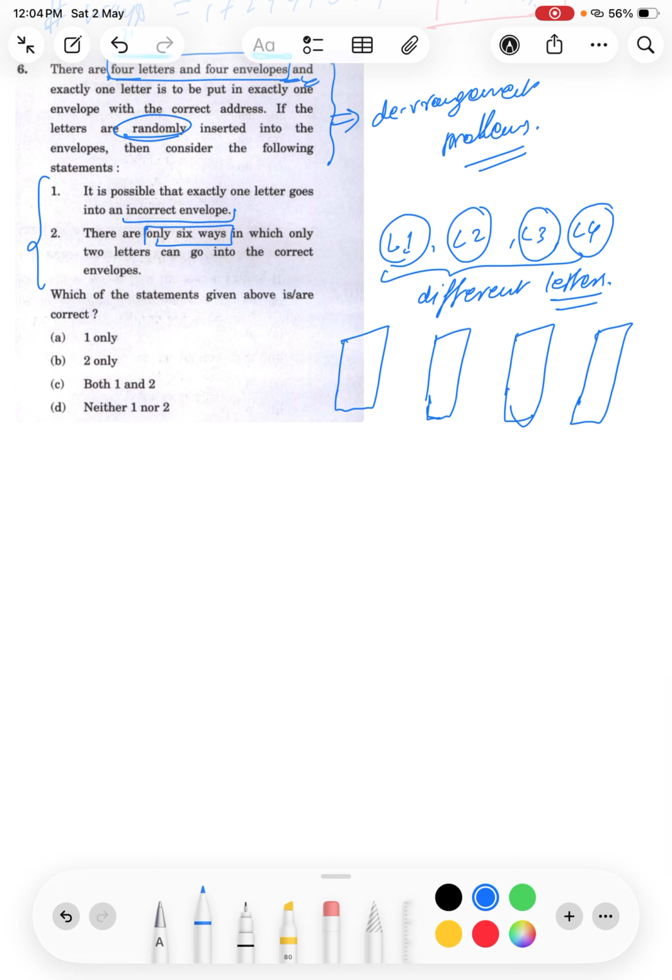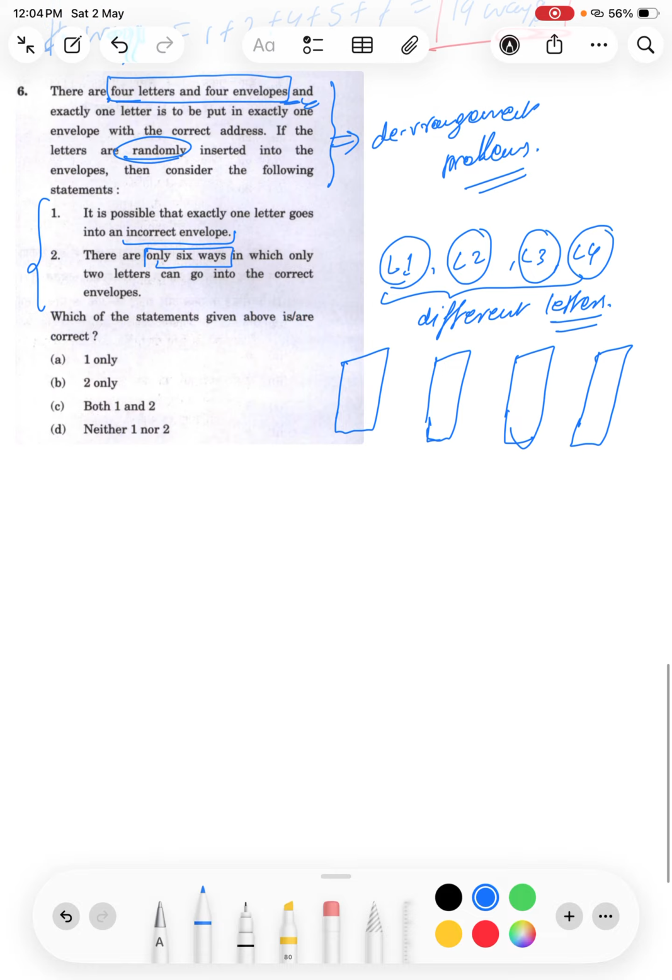So we have 4 personalized wedding cards, and addresses will be different addresses for 4 different people. So we call these envelopes E1, E2, E3, E4.